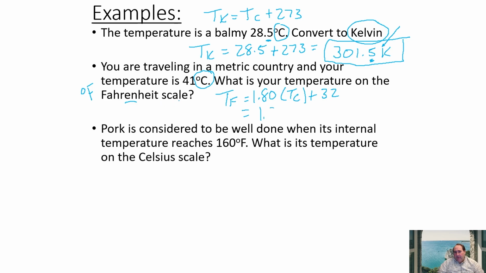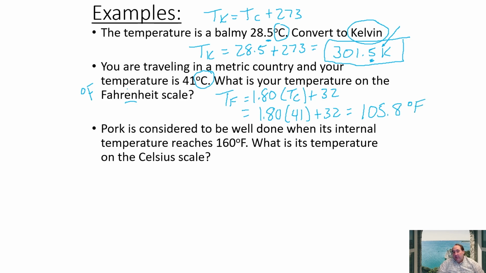Putting in our numbers, 1.8 times 41 plus a 32, is going to give us 105.8 degrees Fahrenheit.